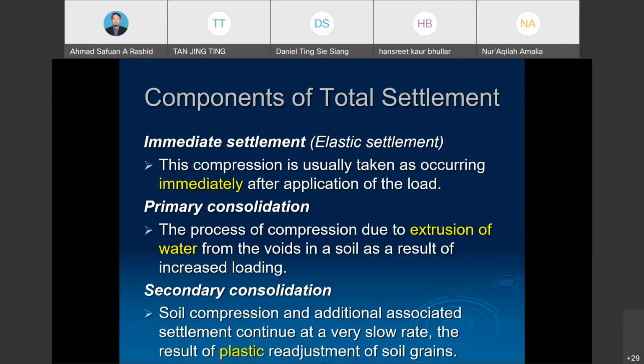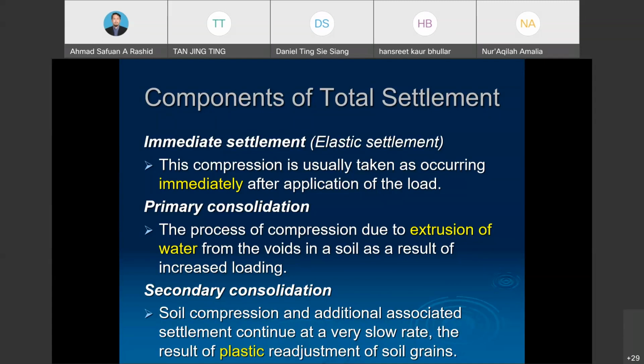So the process which I have mentioned before depends on the thickness and also the consolidation characteristic. So once it completed the primary consolidation, the secondary consolidation will be continued. So the secondary consolidations, in this condition, the soil fabric starts to readjust their positions.